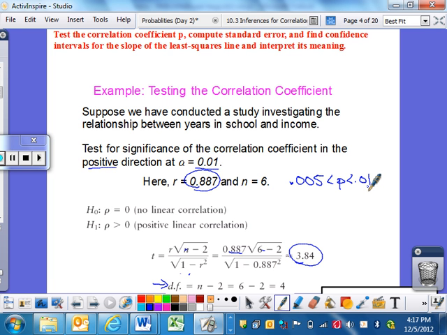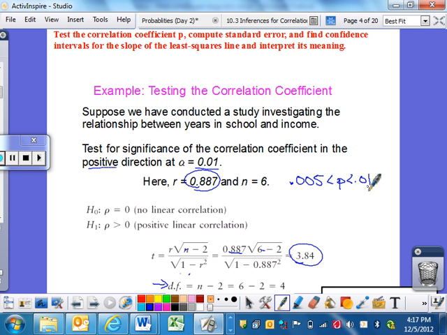So at the 4 degrees of freedom, 3.84. I lied, I'm one too far, aren't I? Oh no, I'm good. So 3.84 falls between 0.005 and 0.01.